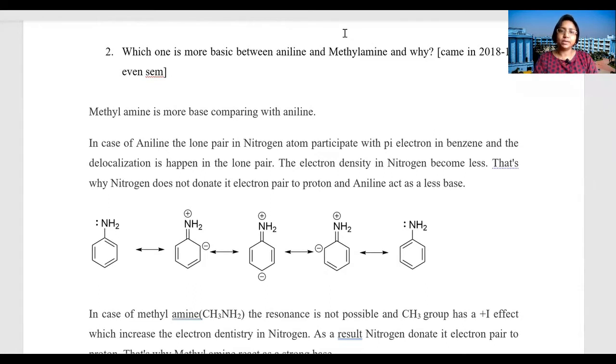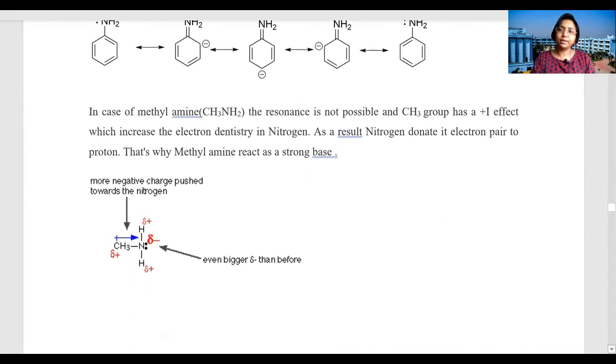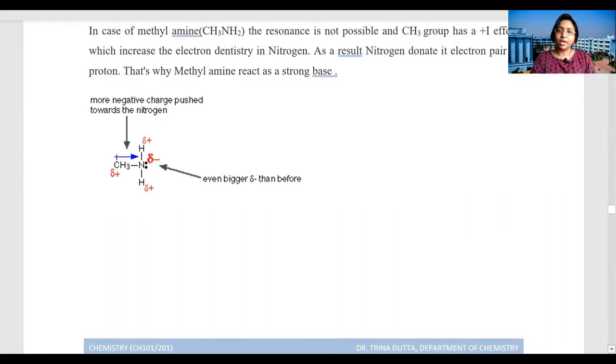Here you can see that nitrogen does not give its electron pair to a proton in aniline. So aniline acts as less basic as its electron pair remains delocalized throughout the ring structure. Okay, so you have understood how basicity and acidity can be explained by the electronic effect.